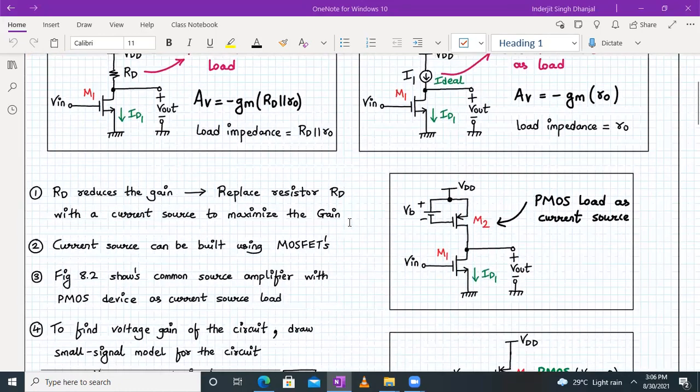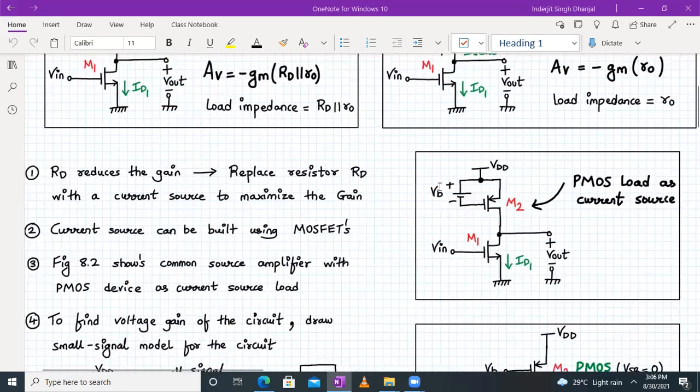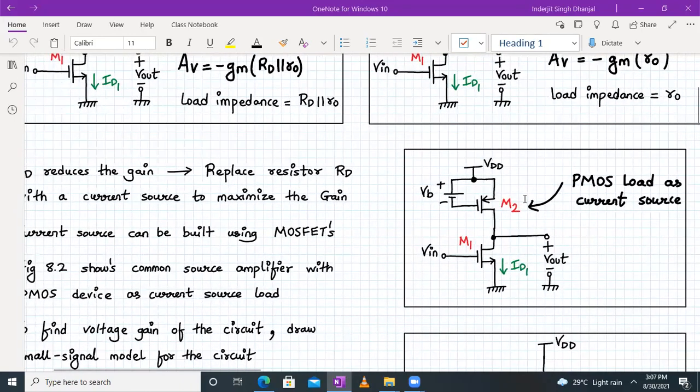This is the circuit in front of your screens. This is precisely the common source amplifier with a PMOS device being used as a current source. In the last lecture, we discussed that a PMOS transistor or an NMOS transistor can act as a current source. In this case, the source terminal of my PMOS transistor is connected to VDD, its drain terminal is connected to Vout, and between the gate and the source terminal we have connected the bias voltage VB.